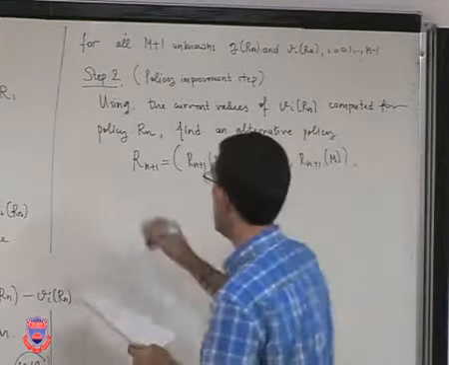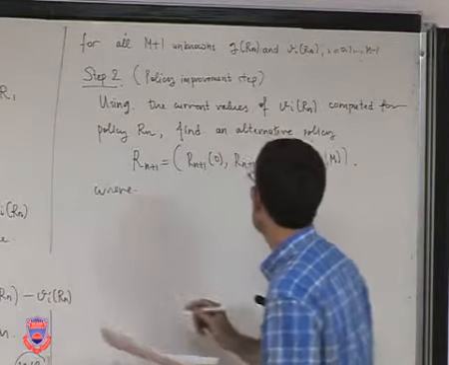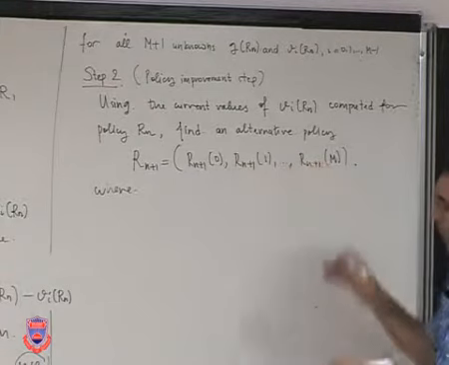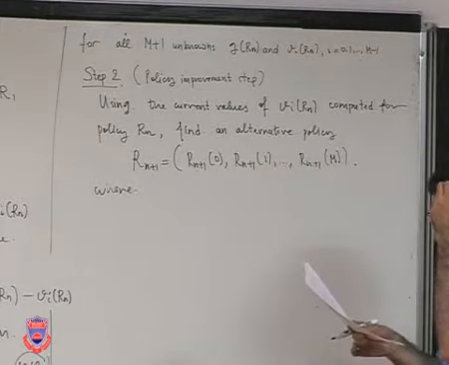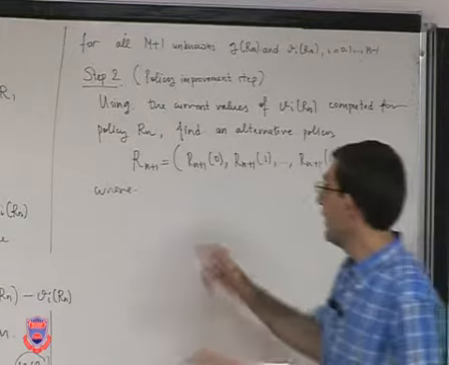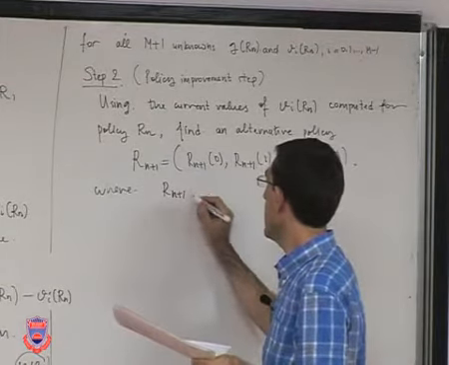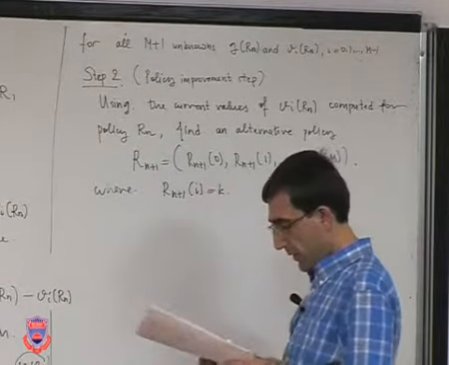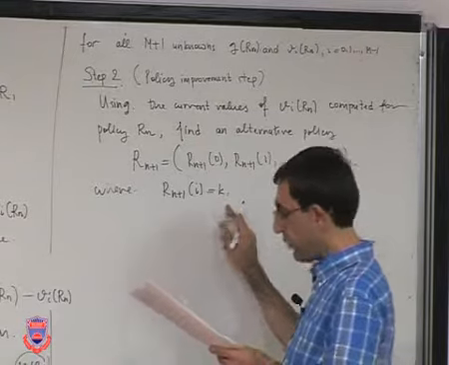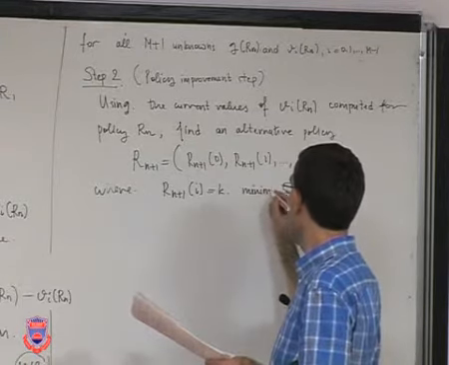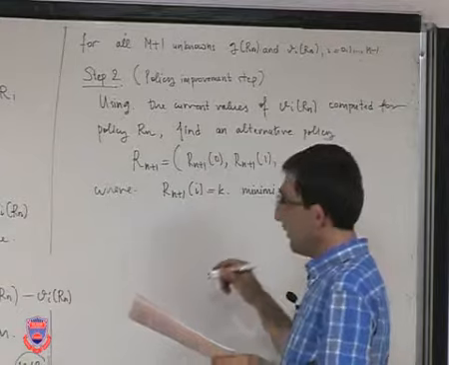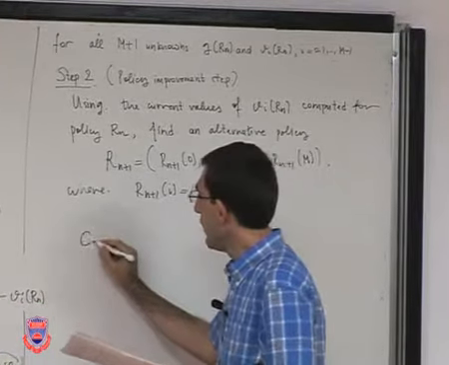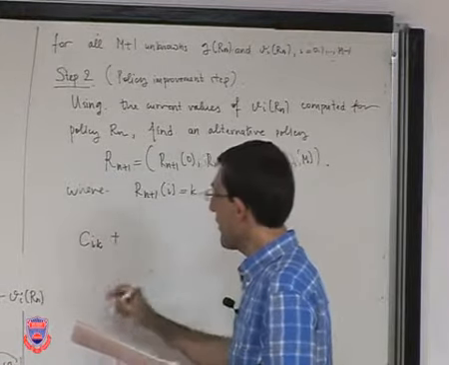While we are doing this, finding an alternative policy, or m plus 1 actions associated with each of these m plus 1 states, such that at any state i, the action k that you choose minimizes this expression. What is this?